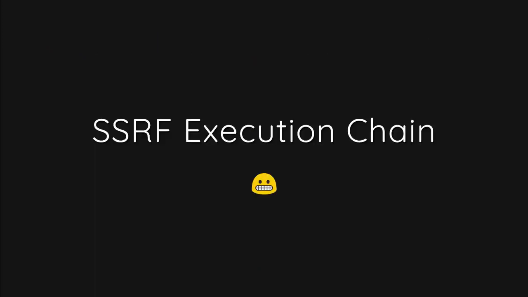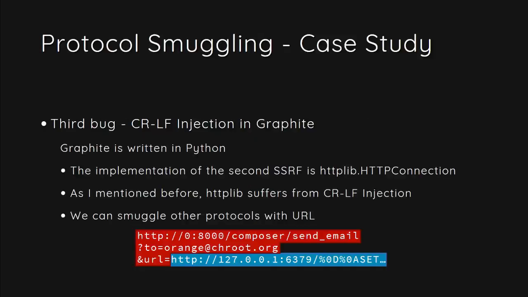So we have two SSRFs now, and we can combine these two SSRFs into an SSRF execution chain. And we successfully switch a POST-based SSRF into a GET-based SSRF. The third bug is the SSRF injection.